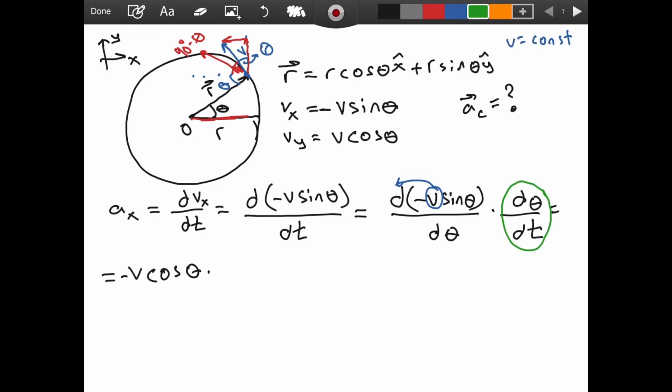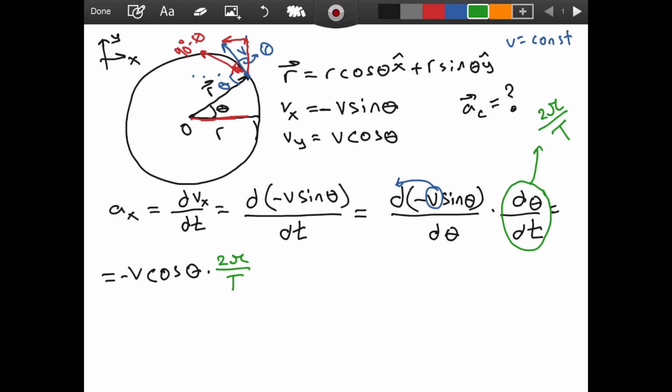Well, it is simply how much the angle changes as time passes. So at full revolution, 2 pi is the angle that we have traveled through, and the period, capital T, is how much time it took. So it is basically 2 pi divided by T. So we have 2 pi over T.